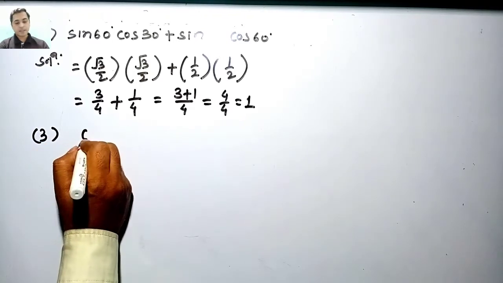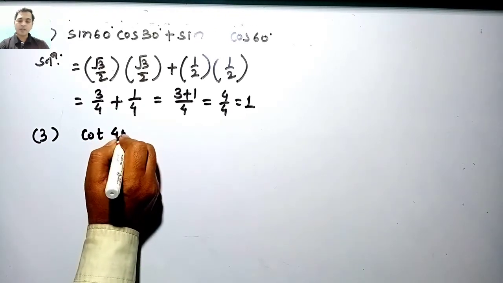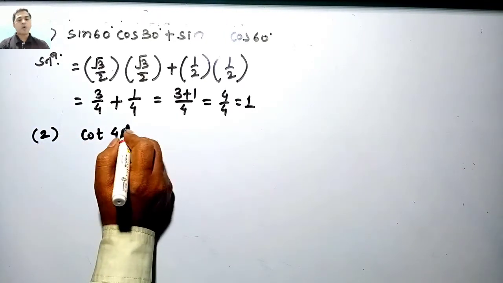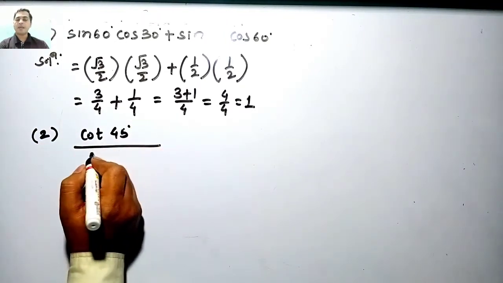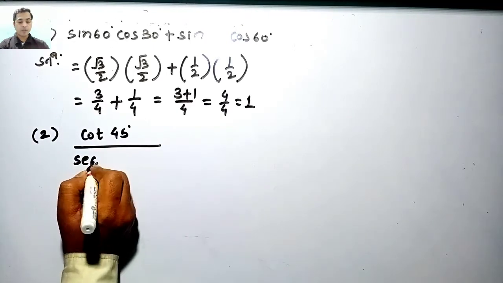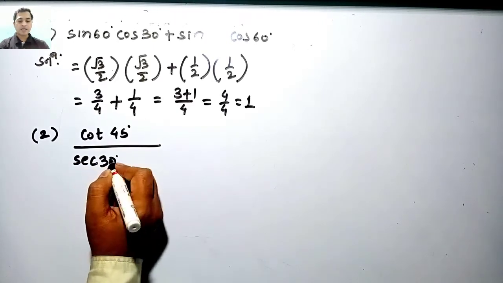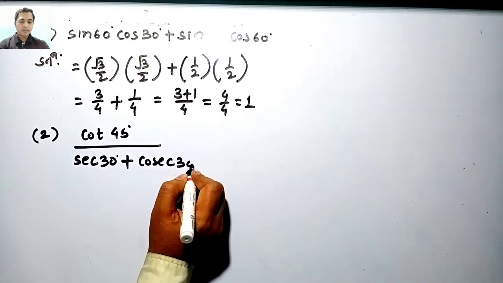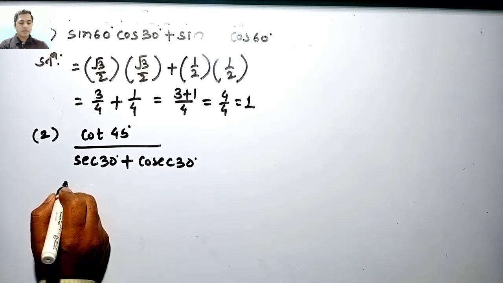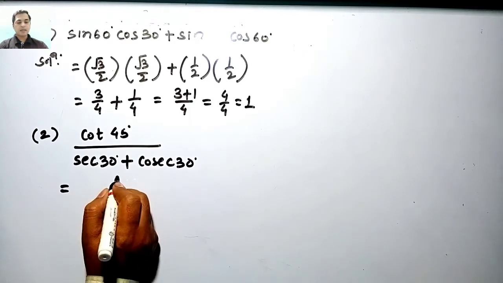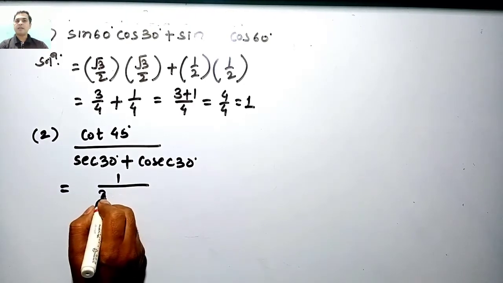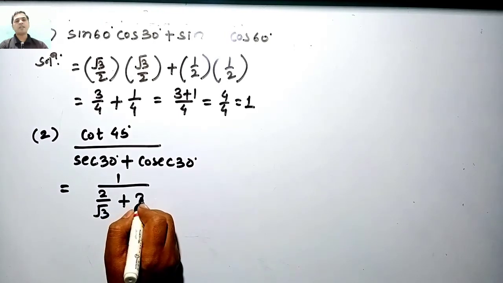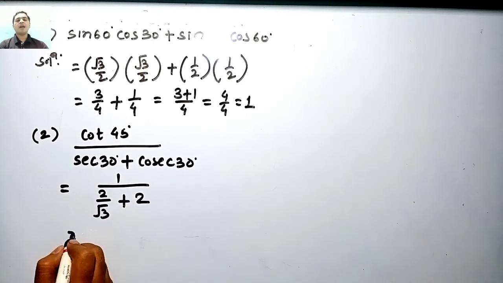The question is cot 45 degree divided by sec 30 degree plus cosec 30 degree. So what is the value of cot 45? The value of cot 45 is 1, the value of sec 30 is 2 upon root 3, and the value of cosec 30 is 2.